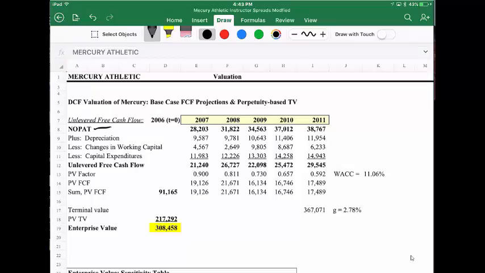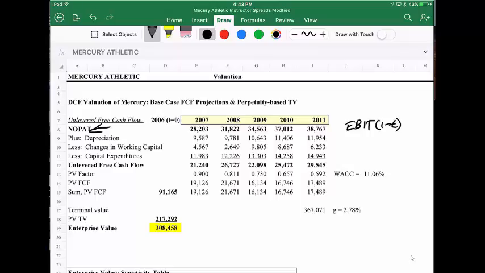So let's go to our discounted cash flow chart, and you'll see that we start off with NOPAT. Okay, here's another new term for you. NOPAT is really earnings before interest and taxes times 1 minus T. NOPAT stands for net operating profit after taxes.